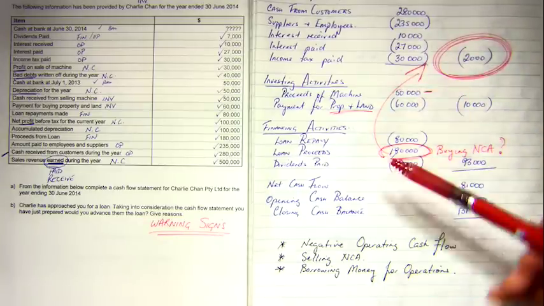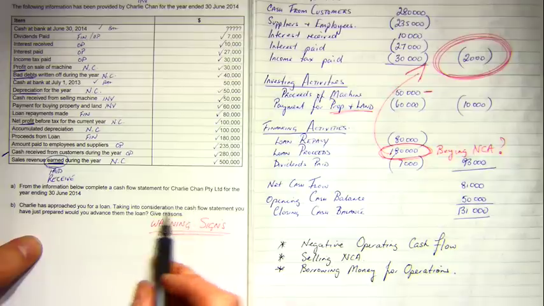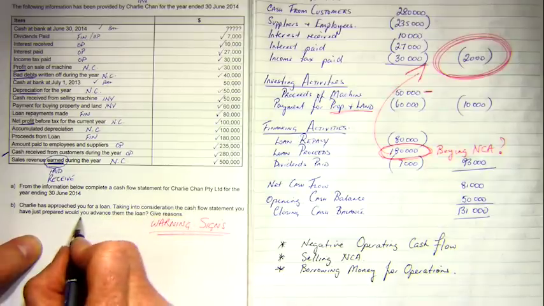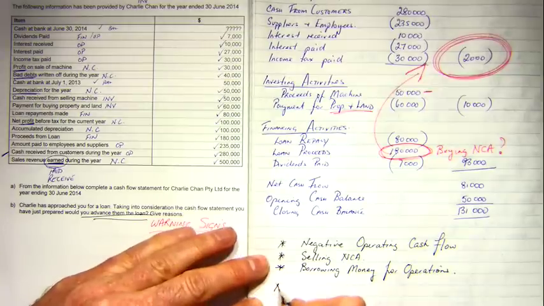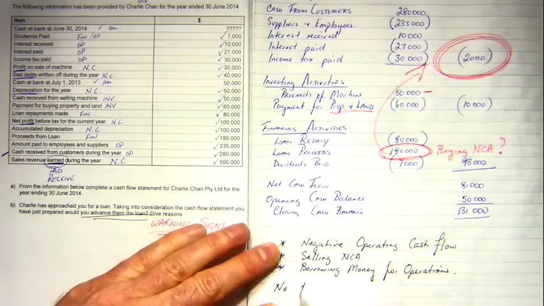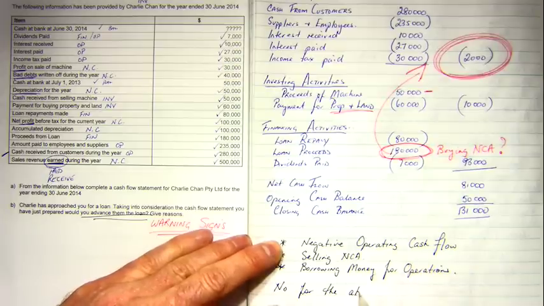Now what I've done is I've used this money obviously to prop up my operations. Okay? So the question is, would you advance Charlie a loan? No. For the above reasons.